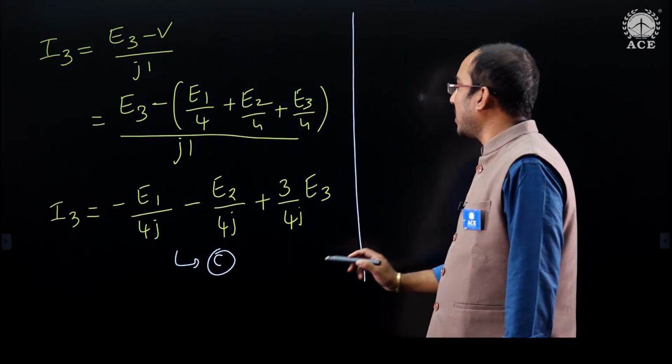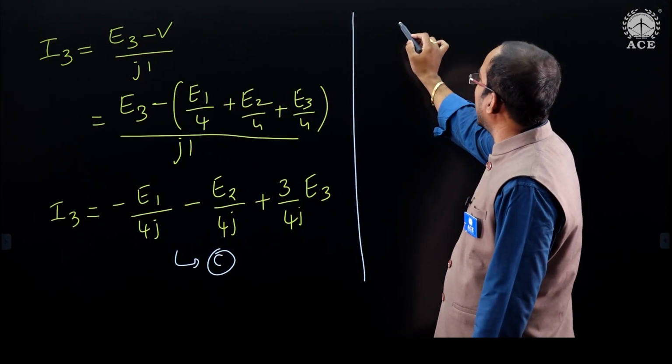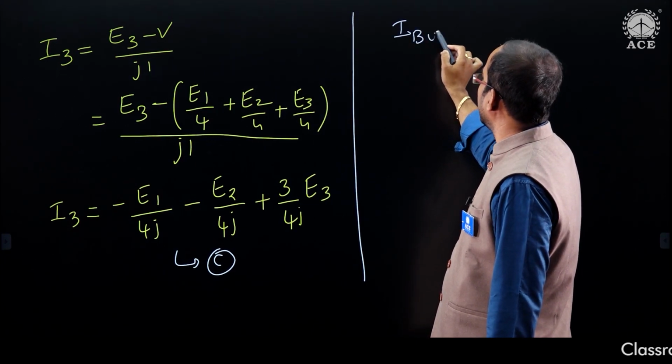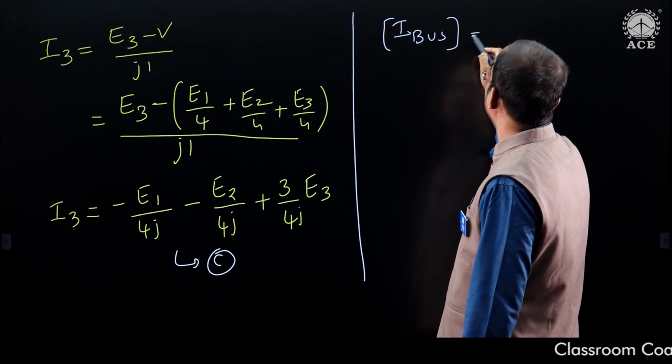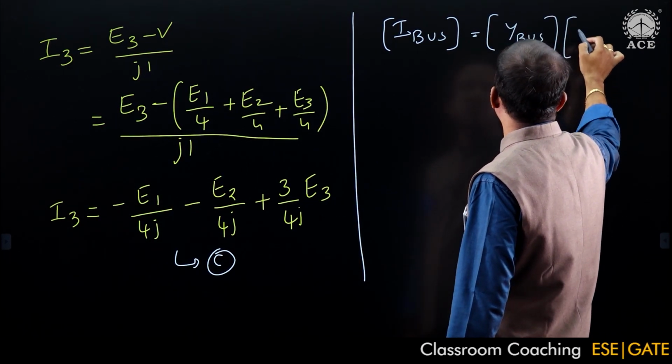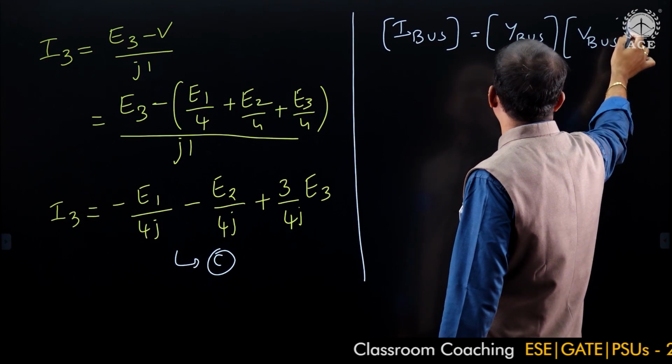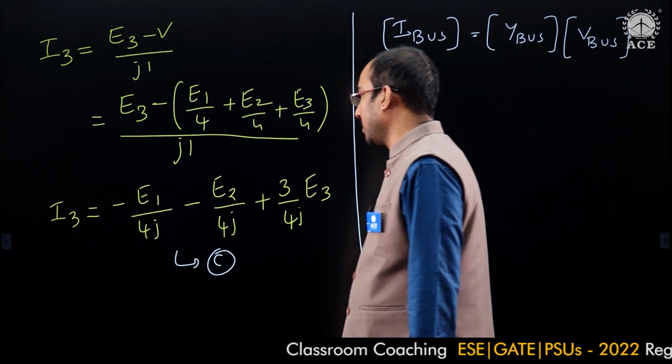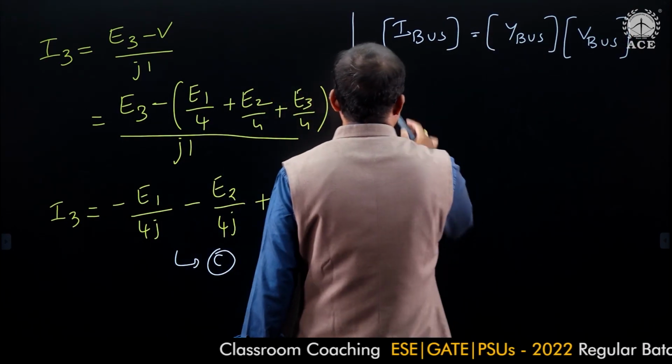Now, we need to form the Y bus. I bus is nothing but Y bus into V bus. So, here we have 3 currents.